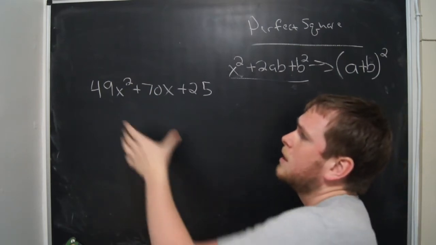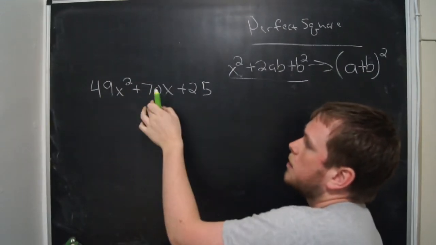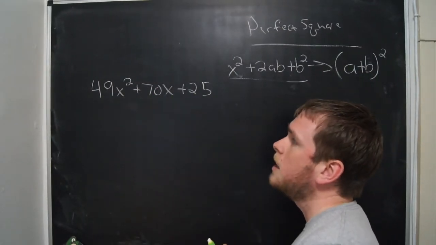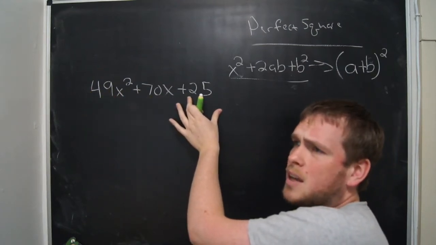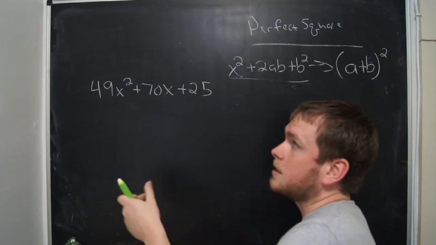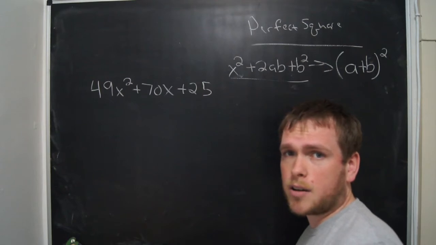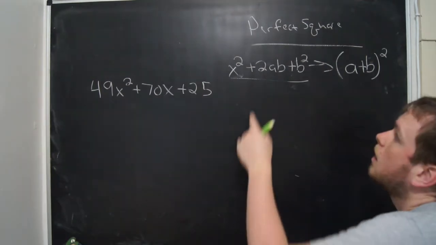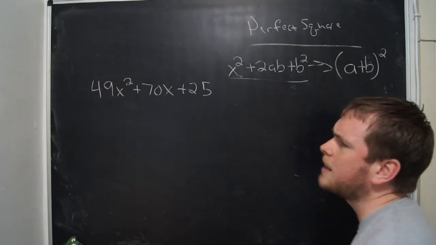So when you have something like 49x squared plus 70x plus 25, this means that you'd have to multiply 49 times 25. You'd have to find two terms that multiply to be that product and add to be 70, which you could do, but that's a whole lot of trial and error, and that's probably going to be a lot of work.